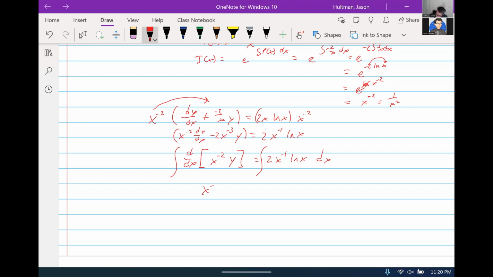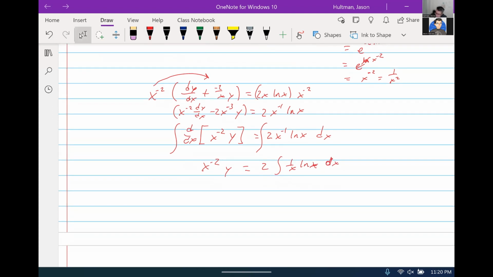And we get x to the -2y equals, now I want to pull the 2 out in front, and this becomes 1 over x natural log of x. At first you might think, again, we should use integration by parts here.